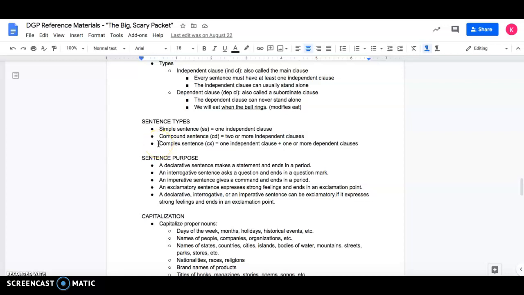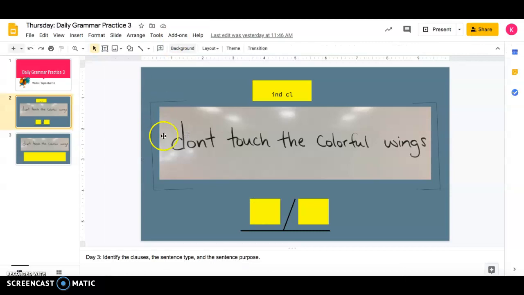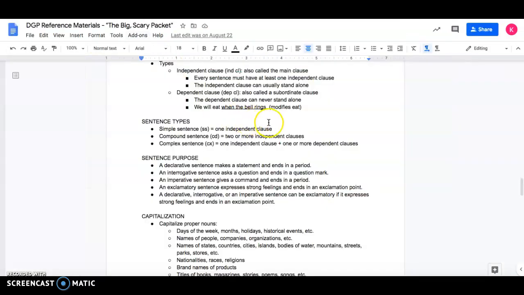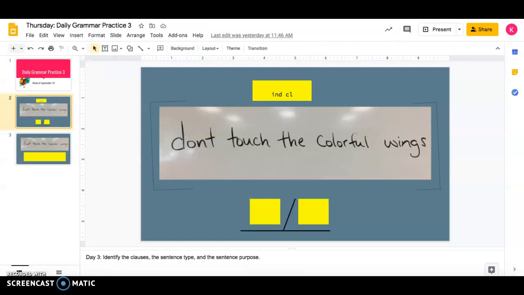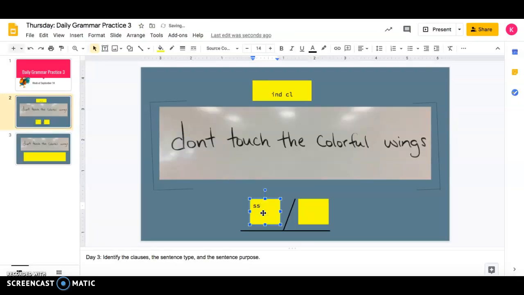Additionally, we also have complex sentences, which is when we have one independent clause plus 1 or more dependent clauses. So if we look back at our sentence, we see that we have one independent clause. So one independent clause, that has to be a simple sentence, which we'll mark with SS. So we'll come down here, SS, done. We found the sentence type.